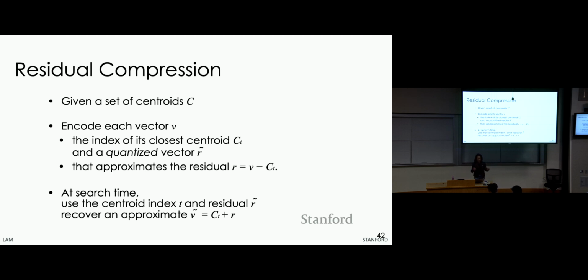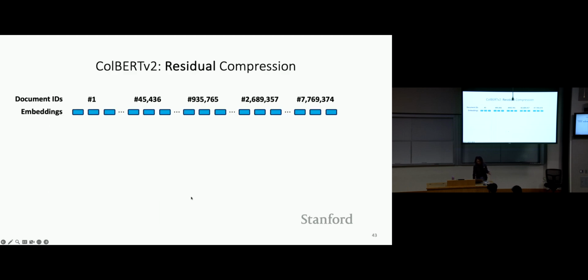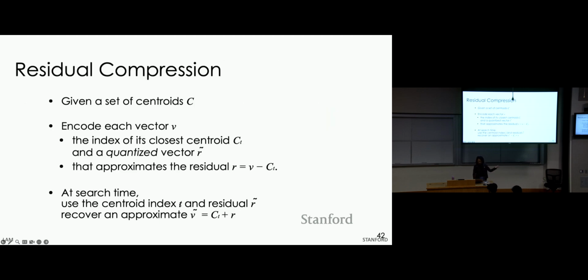So this is just all a matter of storage. Once you store the data, when you use the information at search time, the information is expanded back to whatever it needs to be. You just say, here is my centroid. I give you the index, I pick up the centroid value, you take the residual, you add them back together, and you basically get the approximate version of the original vector.